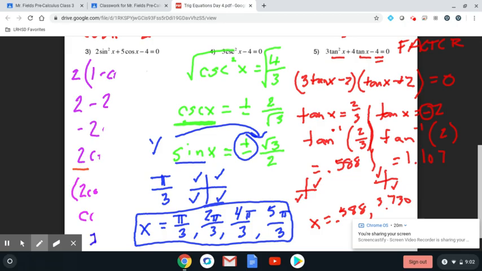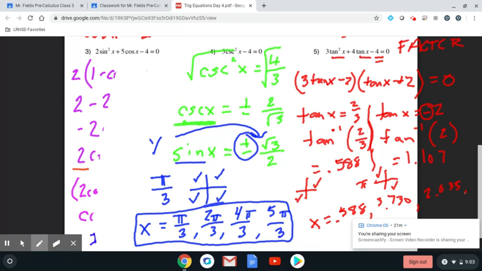So then to get to quadrant 2, similar to how we talked about getting to quadrant 3 on the left side, your closest x-axis here is pi. So you have to take pi and subtract 1.107 from it because you're going backwards to get to quadrant 2. That would end up giving us 2.035. And then our last answer is in quadrant 4.